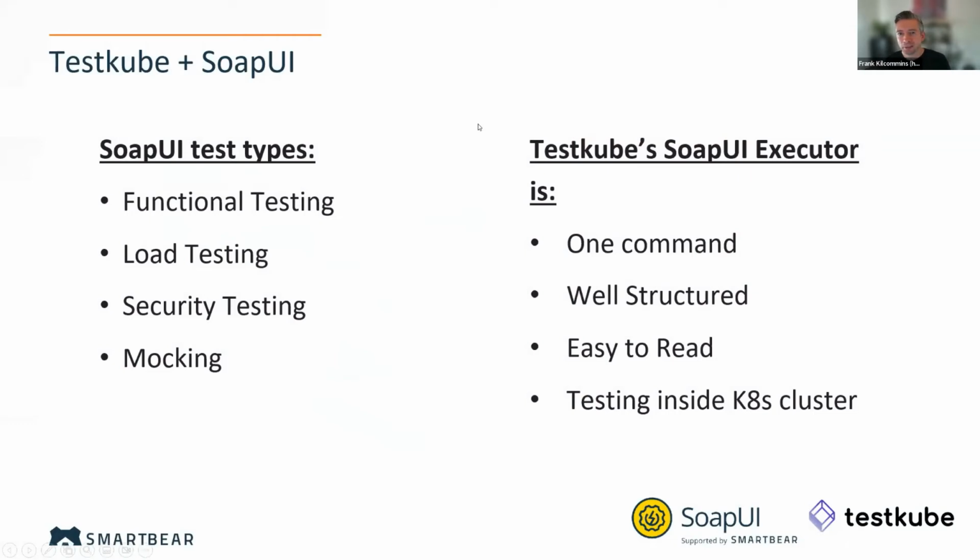So what we're moving on to now is, I suppose, the power of these two things combined, Bruno. So maybe you can tell us what that means, what benefits that will bring. So what Testkube does well is basically take all the capabilities of the testing tool, in this case SoapUI. Because SoapUI is really good at doing functional testing, load testing, security testing, and all the capabilities that it has, you can bring them to your cluster and automate them for you in just one single command.